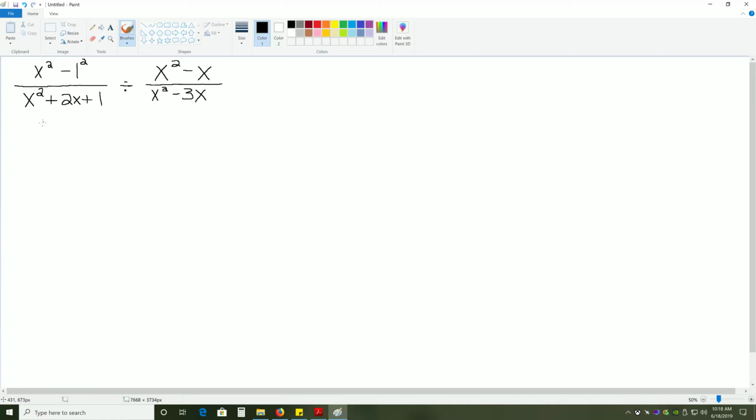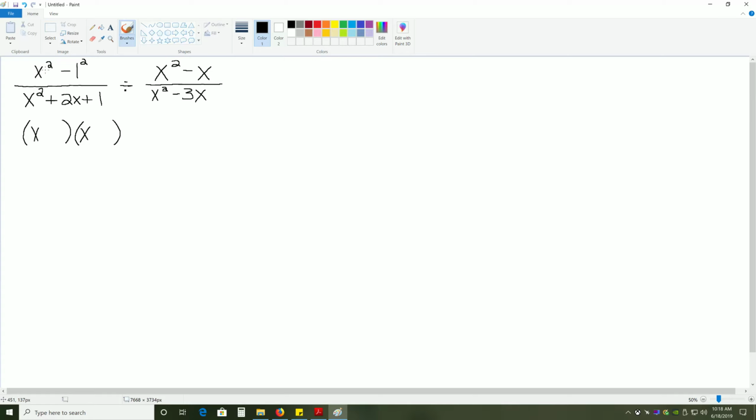So whenever you have a difference of squares, you take the square root of your first term, so x squared, the square root of that is just x, and you put it in the beginning of each of your pairs of parentheses.